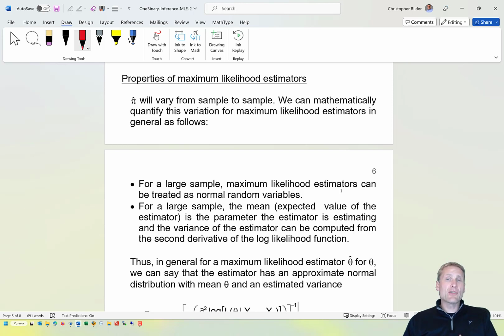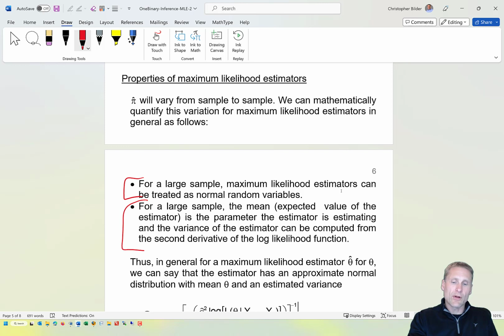With maximum likelihood estimators in general, there are 2 or 3 main properties that are very nice. First of all, if you have a large sample, a maximum likelihood estimator has an approximate normal distribution. That quantifies what are likely values of pi hat. Again, think of pi hat as a random variable, not a particular numerical value that we've already found as 0.4.